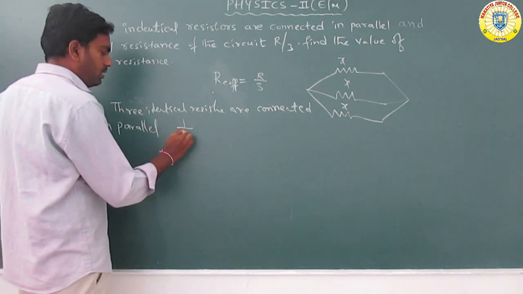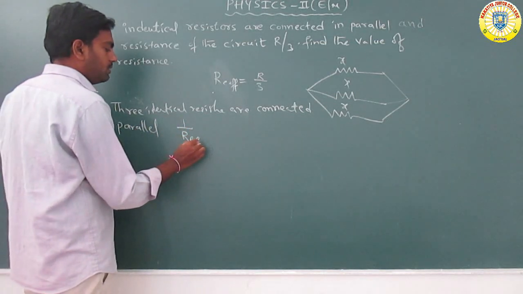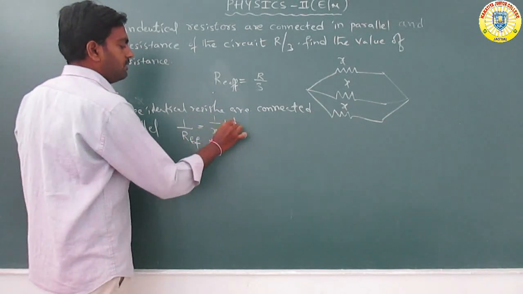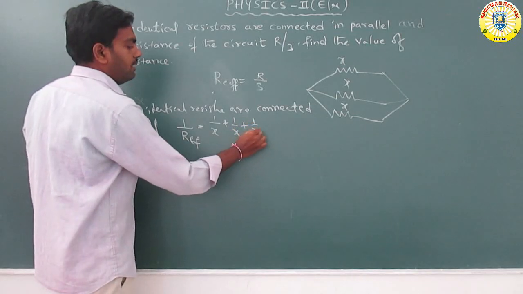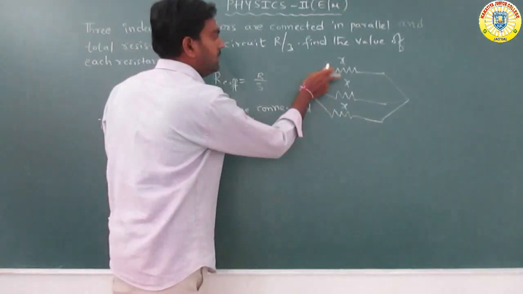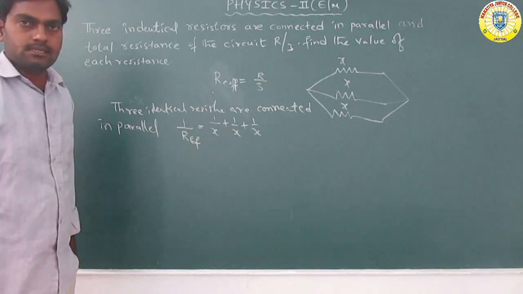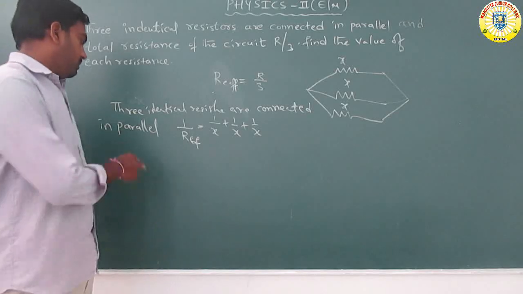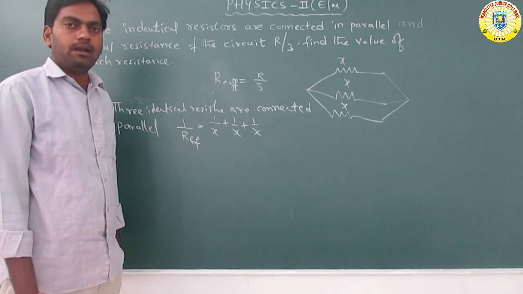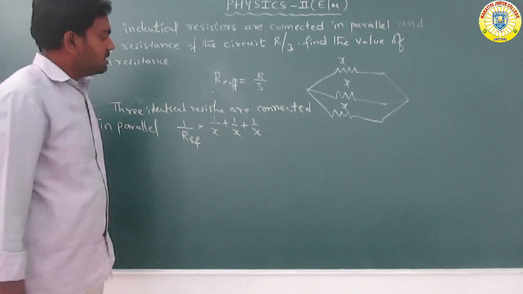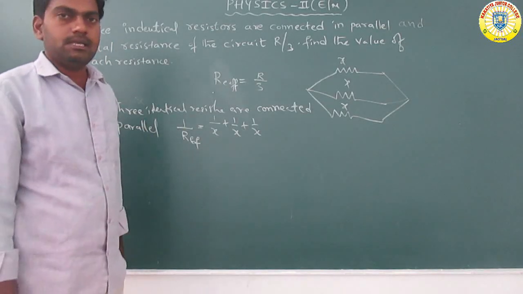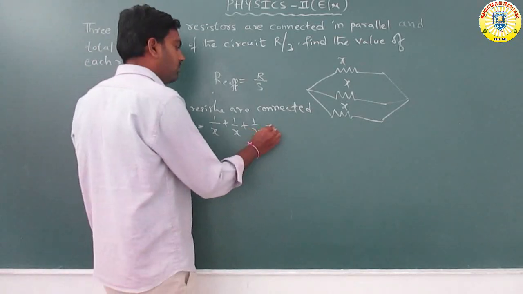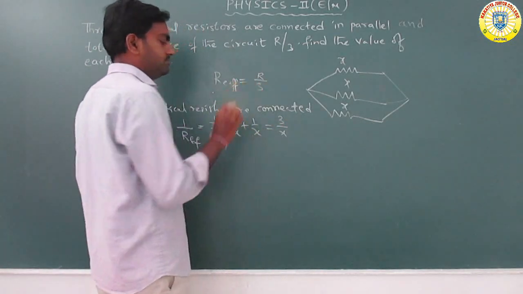So 1 by R effective is equal to 1 by X plus 1 by X plus 1 by X, because we are given three identical resistors, X and X and X. According to the parallel combination, 1 by R effective is equal to 1 by X plus 1 by X plus 1 by X, so that is 3 by X.